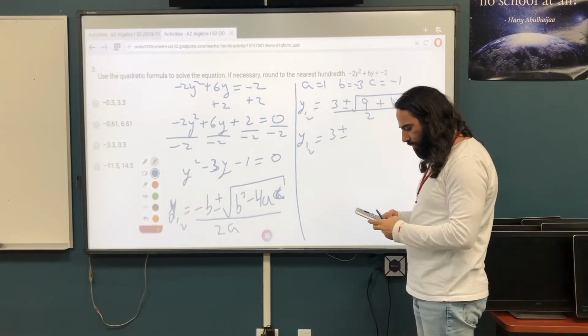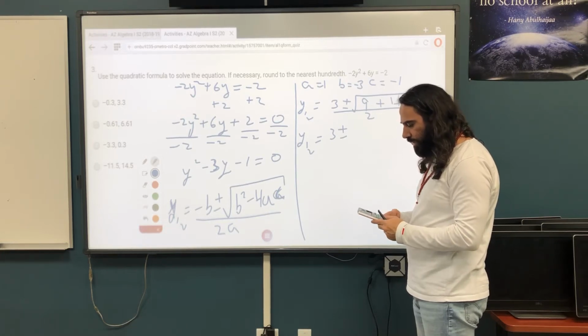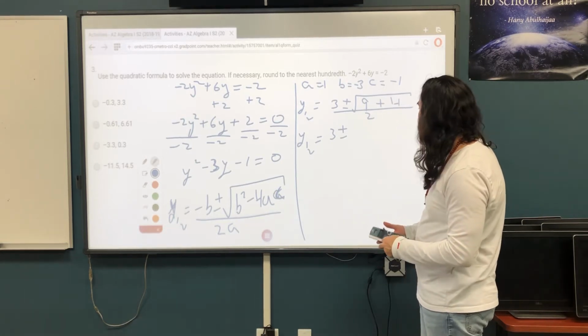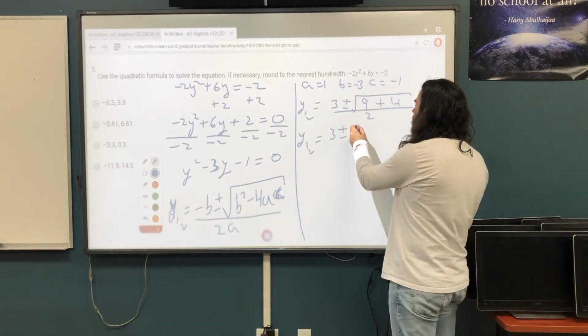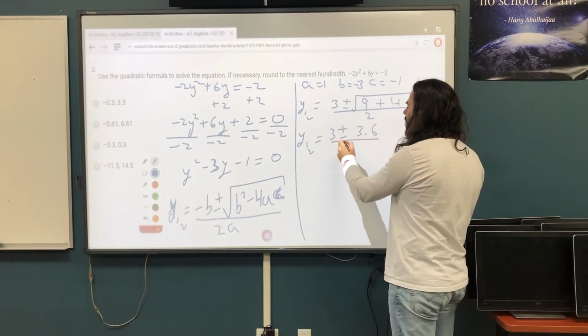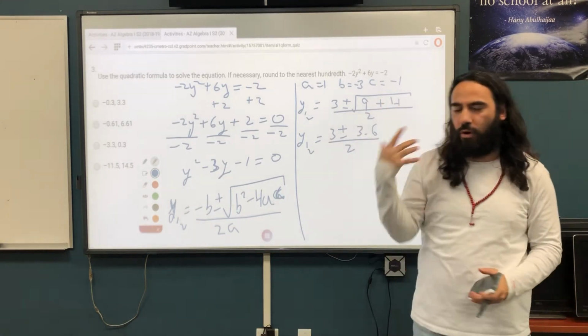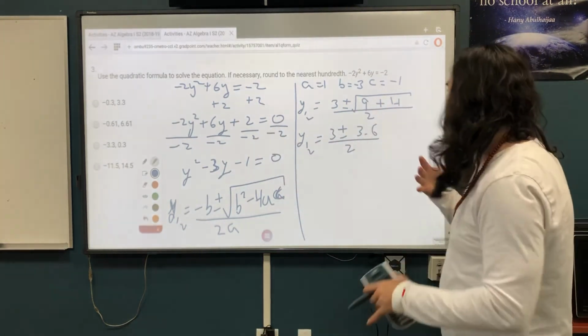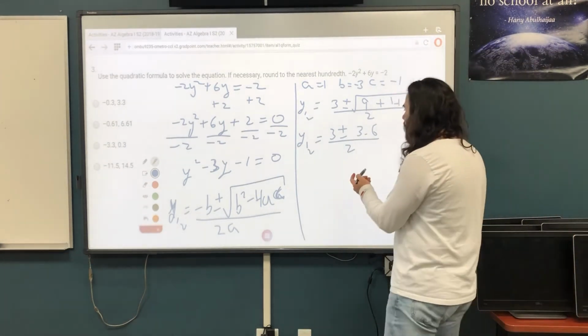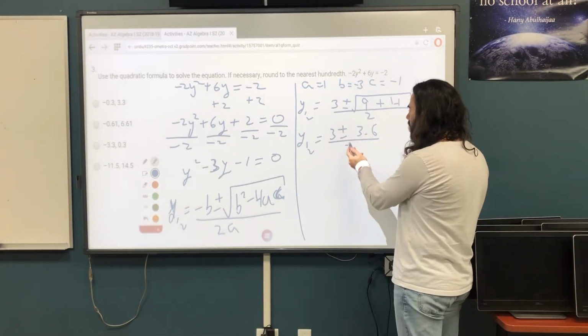So the square root of 13 equals 3.6. So 3.6 divided by 2. Perfect. Why do you have positive and negative? Because for the square root, we always have two solutions, one positive and one negative. Now we have two solutions. One we add, and the second one we subtract.